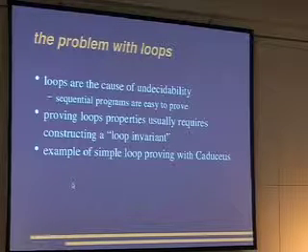Yeah, you may wonder, what is the reason that it's impossible to write an algorithm to reason about another program? And it turns out the problem is loops, because loops are the cause of undecidability. Particularly, sequential programs are easy to prove, right? Because if the program is fully sequential, well, it can involve, say, some conditional statements, but it does not loop, then it will finish in some finite time, right?